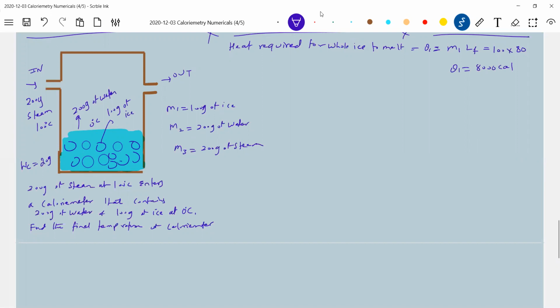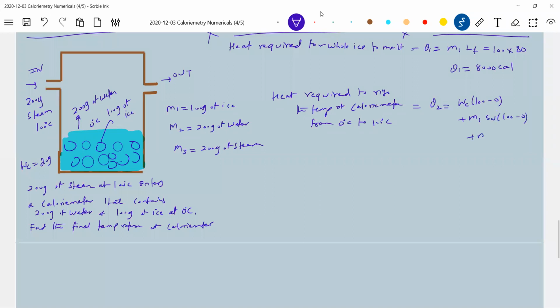So now, heat required to raise the temperature of the calorimeter from 0 to 100 degrees Celsius. Let's see that. This heat should be the water equivalent of the calorimeter, then M1 gram of newly formed water, then M2, 200 gram of water which is already available.